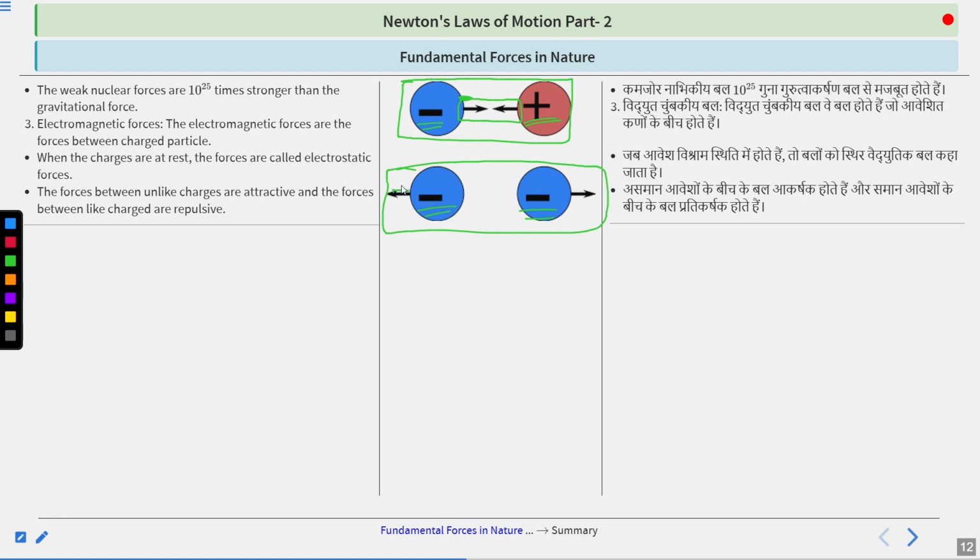Here, instead of being towards each other, the arrows are on opposite sides, so the force is repulsive. So the conclusion we draw from here: when charges are the same, the electromagnetic force will be repulsive. When charges are different or unlike, the electromagnetic force will be attractive.